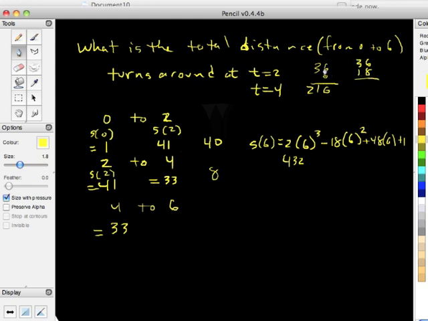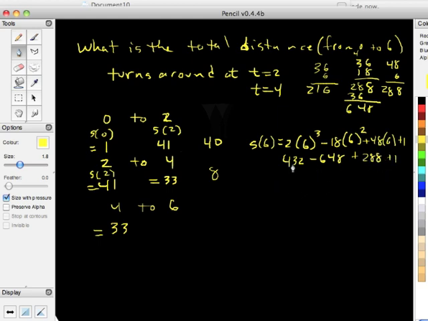We could do 20 times 36 and subtract off 2 36s, but we could do it this way also. That's 648. And 48 times 6 is 288. Plus 1.